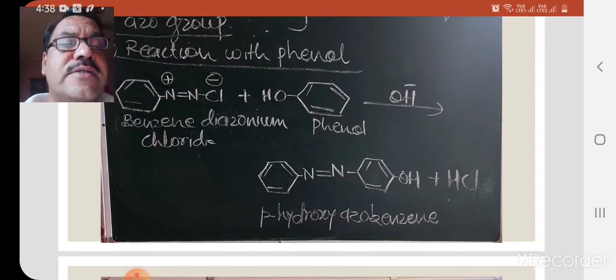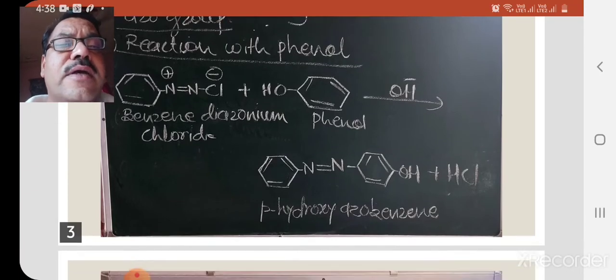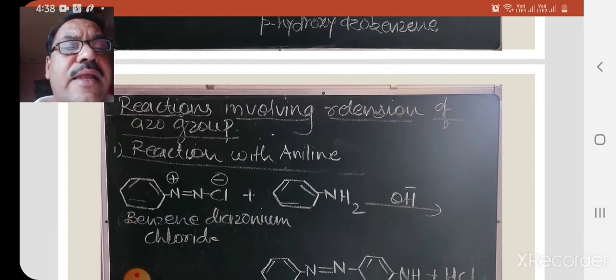The structure is two benzene rings with two nitrogen atoms between them. Therefore, this reaction is retention of the azo group. The nitrogen group remains as it is, and para-hydroxyazobenzene is formed. The similar reaction is with aniline.